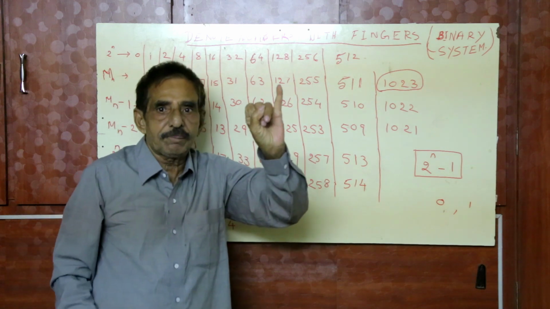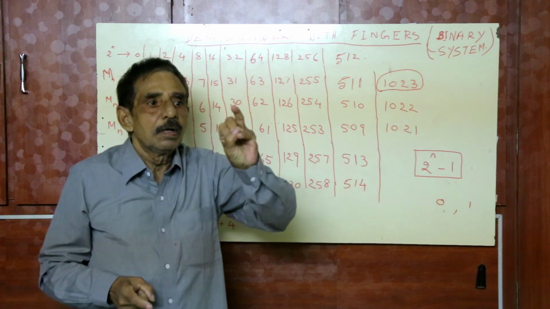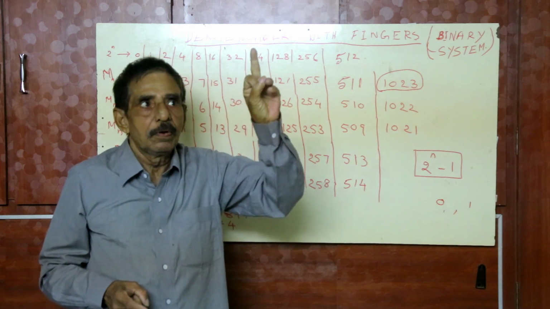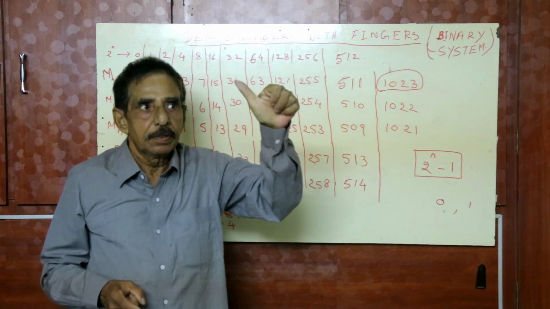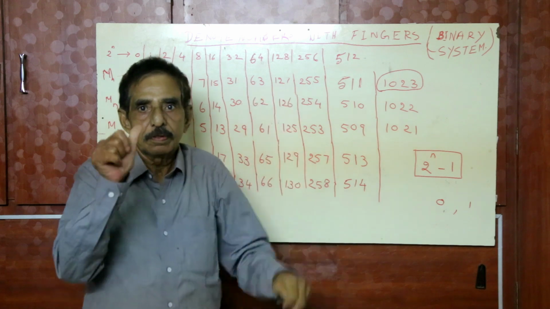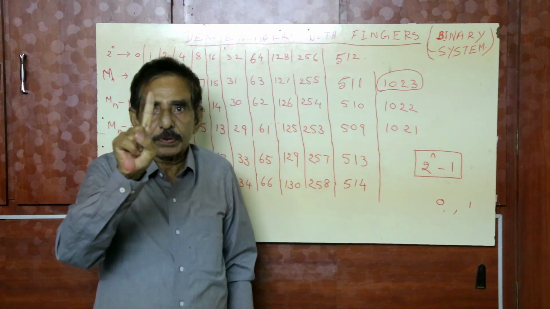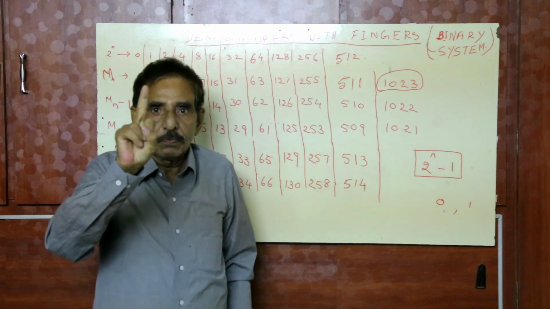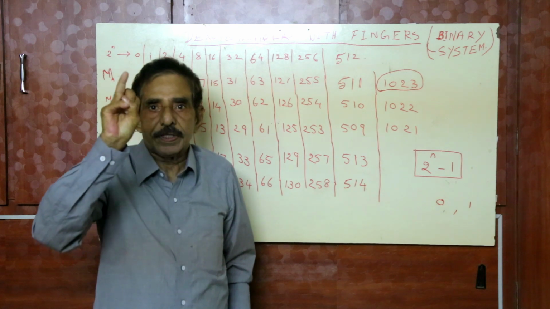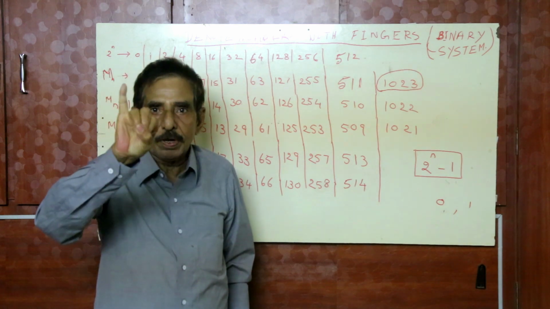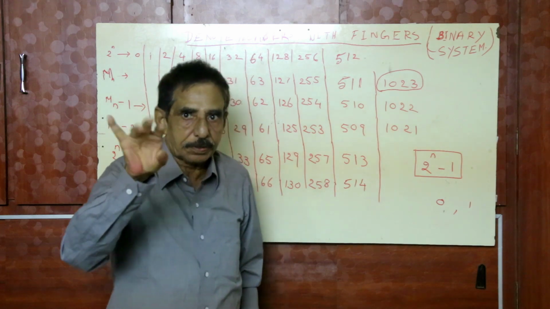If I open this finger, this is 1, 2, 4, 8, 16, 32, 64, 128, 256, 512. We can represent like that.